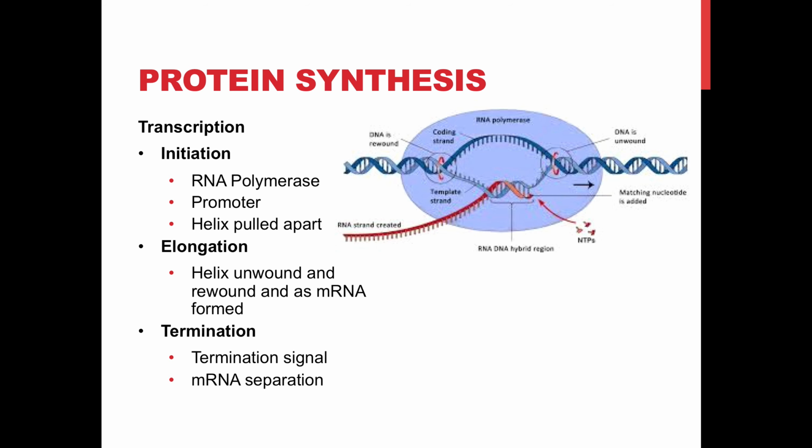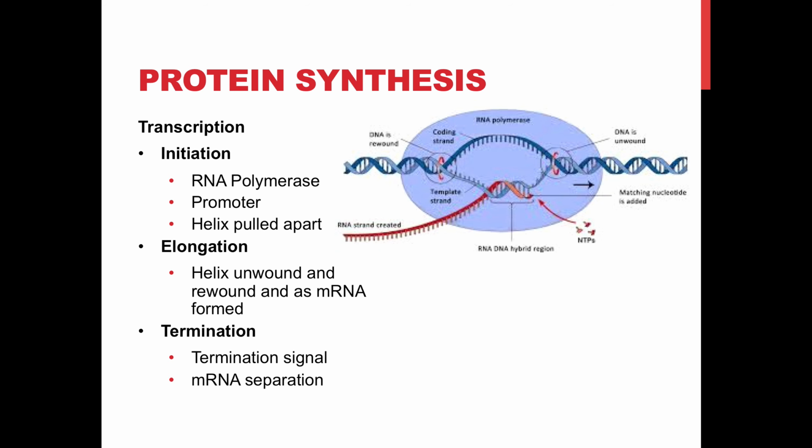At any given moment, 16 to 18 base pairs of DNA are unwound, and the most recently made mRNA is still hydrogen bonded to the template DNA. This small region called the DNA-RNA hybrid is up to 12 base pairs long.